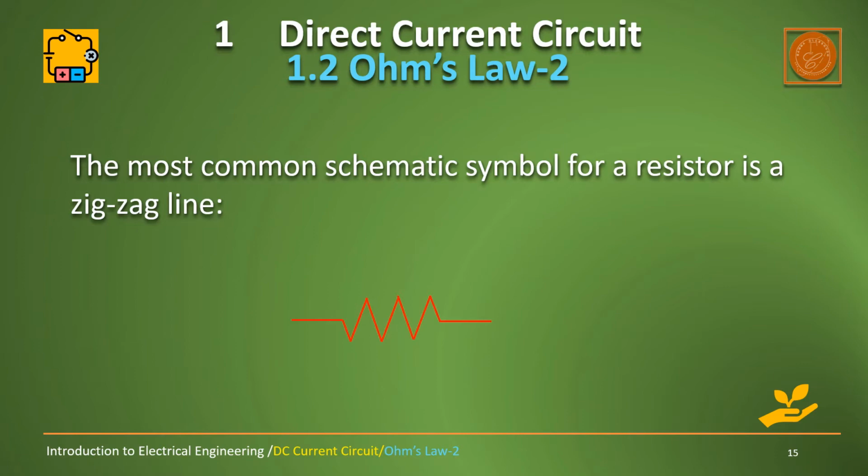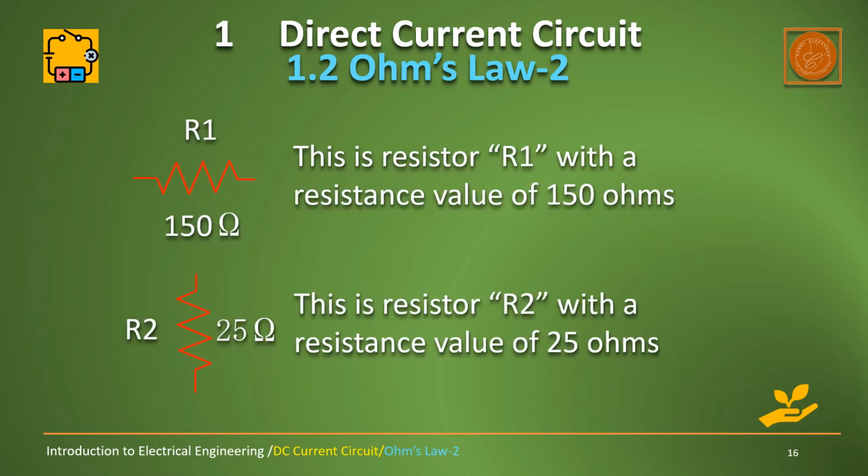The most common schematic symbol for a resistor is a zigzag line, like this. In a schematic drawing, you will always see the resistor like this. If you see this zigzag line, it means it's a resistor. Resistor values in ohms are usually shown as an adjacent number.